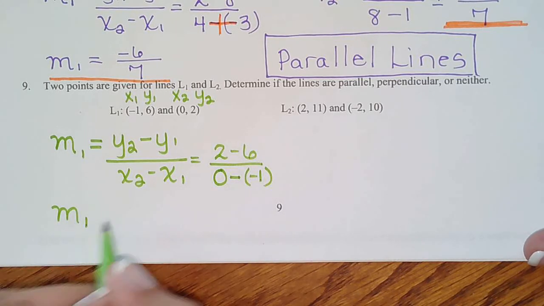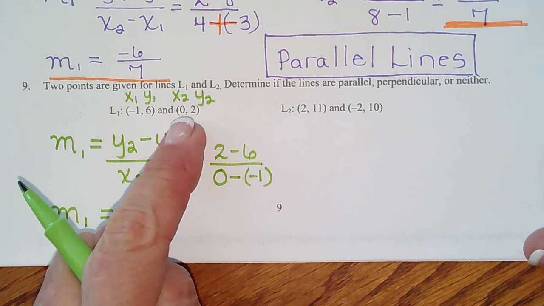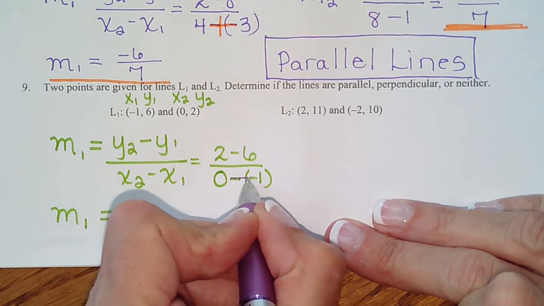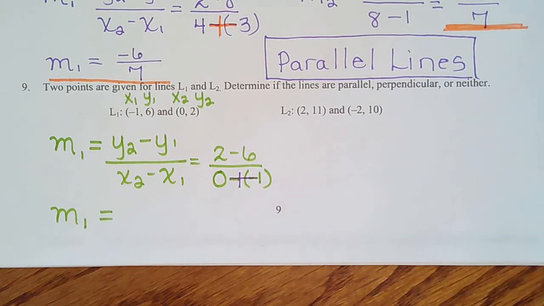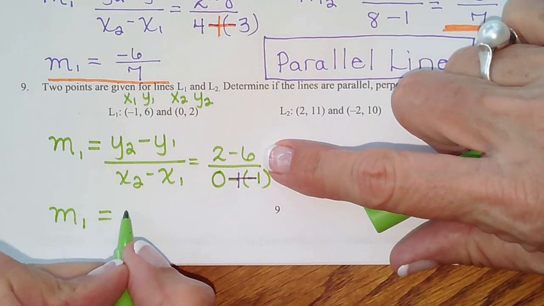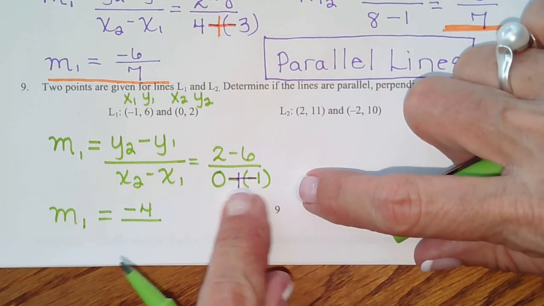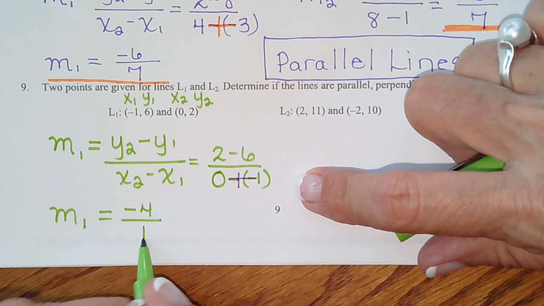So the first slope is going to be double negative, means turn it to positive. So we have 2 minus 6, negative 4 over 0 plus 1 is positive 1.